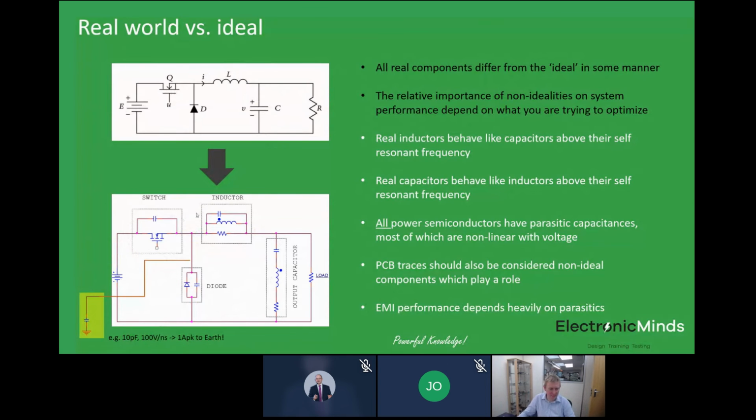Also, EMI depends very heavily on parasitics, particularly common mode noise. If you imagine this switching node on this converter here, the physical bit of copper connecting the output of Q, the switch, the input to the inductor, and the top of this diode, that's a physical trace on a PCB.